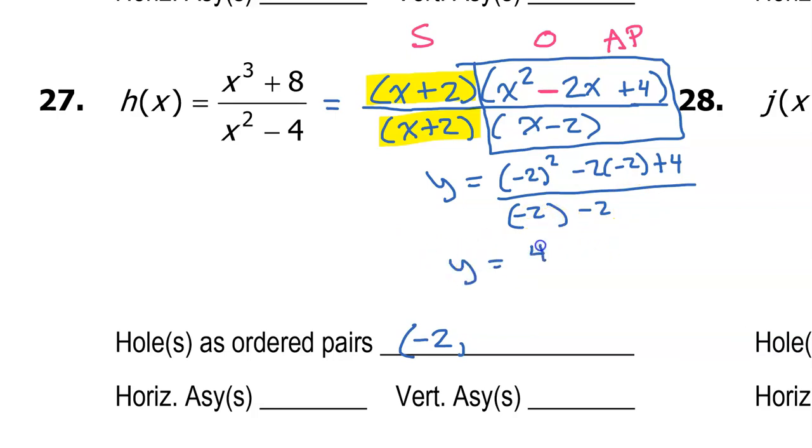So this is going to be 4 plus 4 plus 4. Interesting. And this is going to be negative 4 down here. So that's going to give me 12 over negative 4, which is negative 3. So we will have a hole at negative 2 comma negative 3.